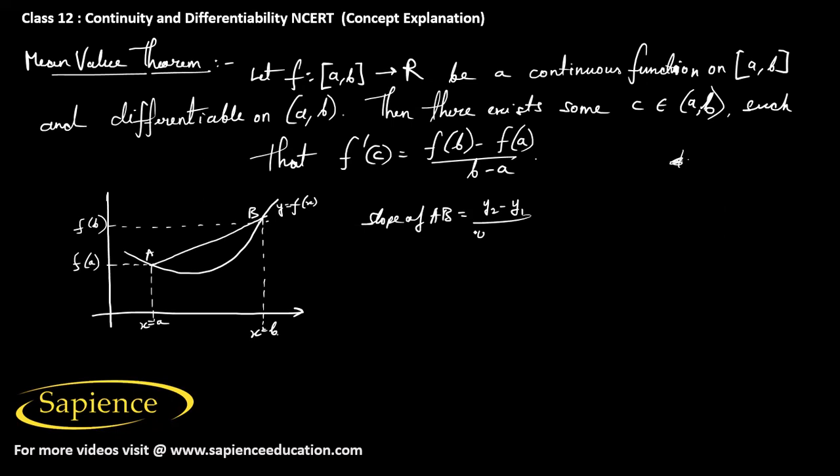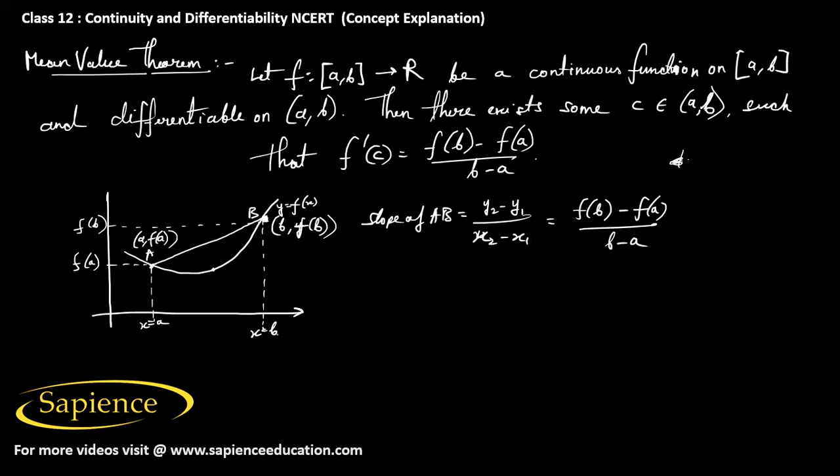The coordinate of the point B is b comma f of B, and the coordinate of the point A is a comma f of A. So y2 minus y1 is f of B minus f of A by B minus A.